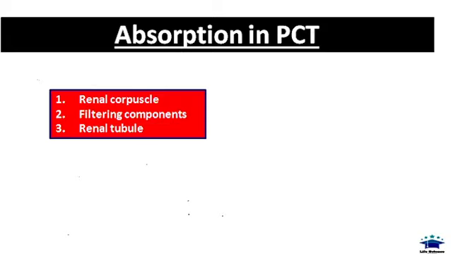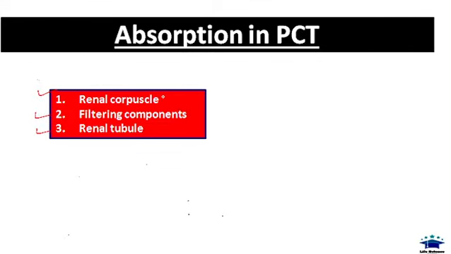As I already told you, the nephron is the basic functional unit of a kidney. It constitutes three parts: the renal corpuscle, filtering components, and renal tubule.